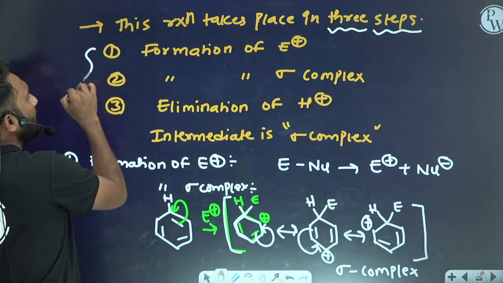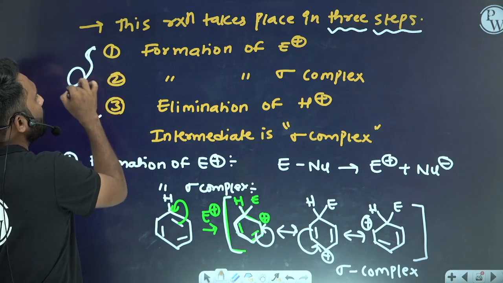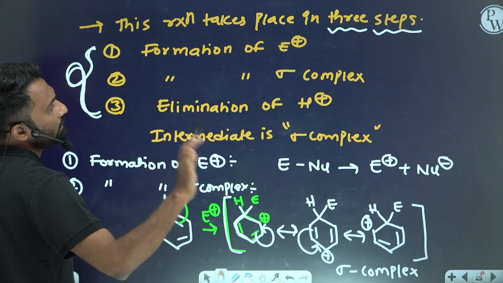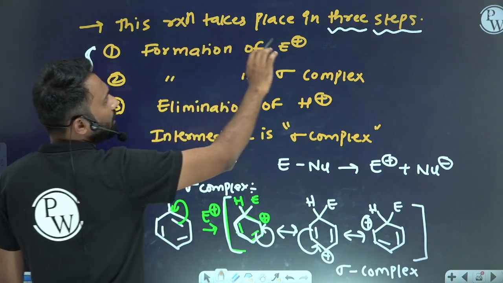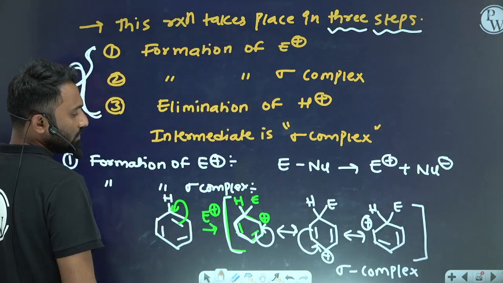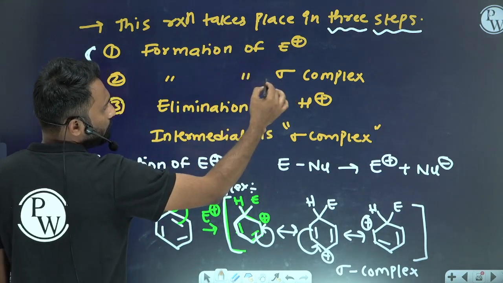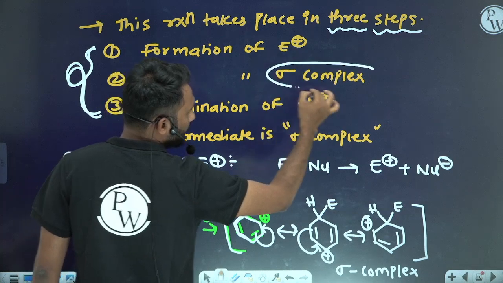All the 5 reactions we are going to study will follow only these 3 steps. First step is formation of the electrophile. Next, formation of the sigma complex. This sigma complex is the intermediate.